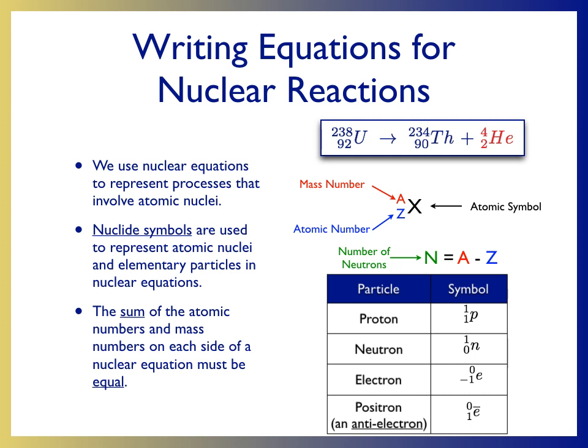To use nuclide symbols to write a nuclear equation, we can remember one simple rule: the sum of the mass numbers and the sum of the atomic numbers on both sides of the equation must equal one another.